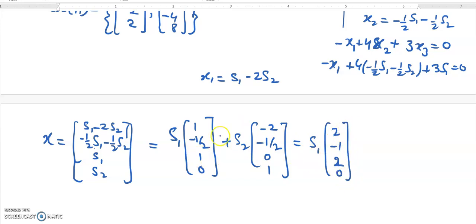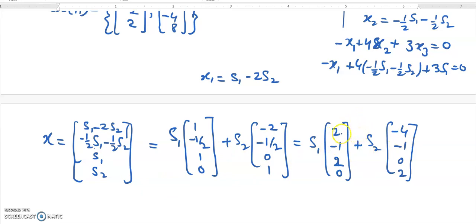So we can remove the fractions by multiplying each term by 2. And then plus s2 times minus 4, minus 1, 0, 2. So the basis of the null space will be this.